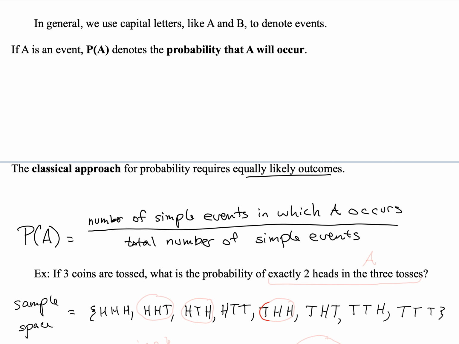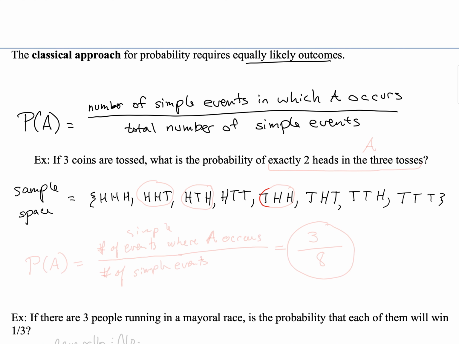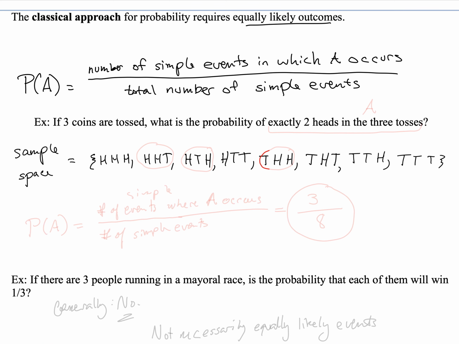So as an example with our coin toss above, if 3 coins are tossed, what is the probability of exactly 2 heads in the 3 tosses? So we saw above that we found our sample space. And so when we think about the probability of our event A, A in this case is exactly 2 heads in 3 tosses.